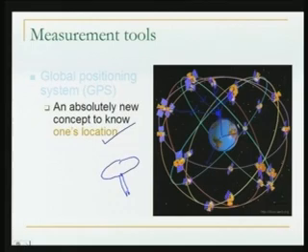So wherever you go on the surface of the earth, by using the GPS receiver, you should be able to determine where you are in this coordinate system.